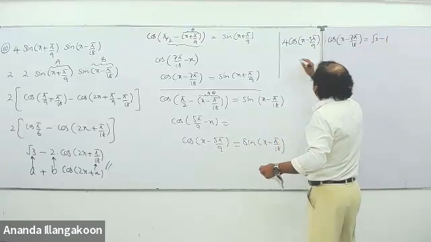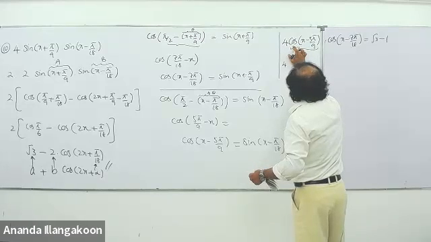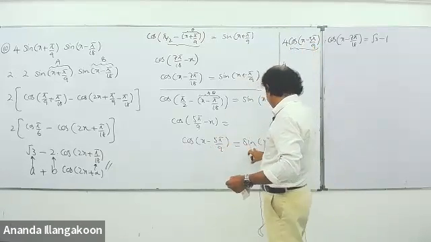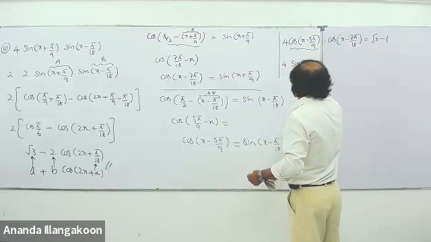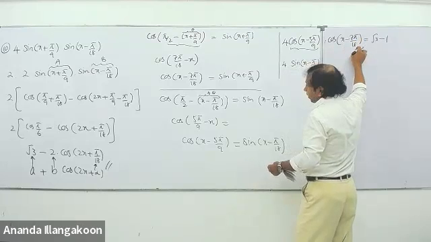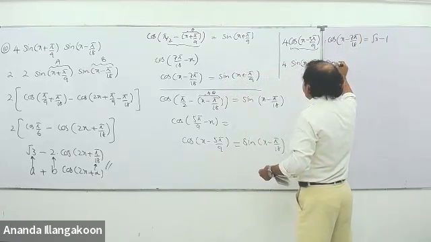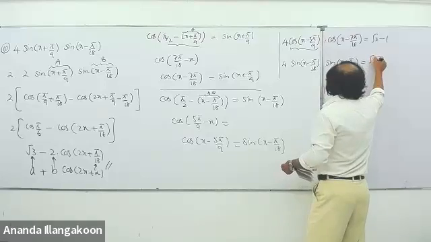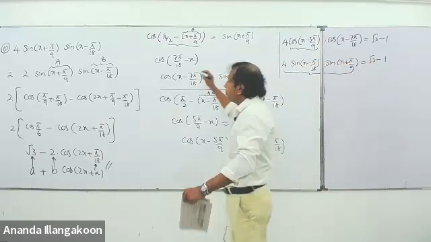Then this one, 4 times cos(x − 5π/9), which is this sin(x − 5π/18), times cos(x − 7π/18), which is sin(x + 5π/9), is equal to root 3 minus 1.